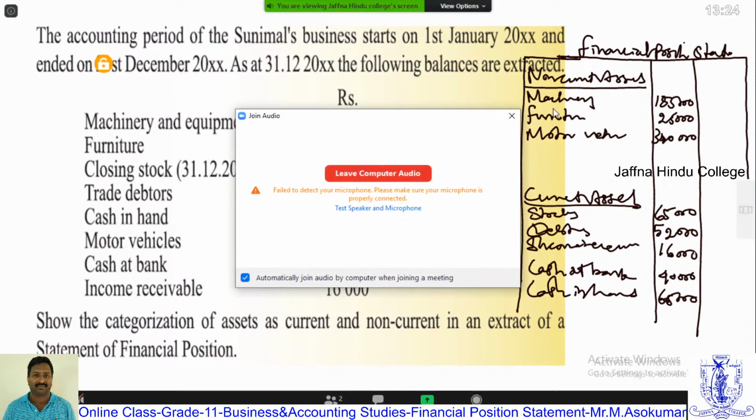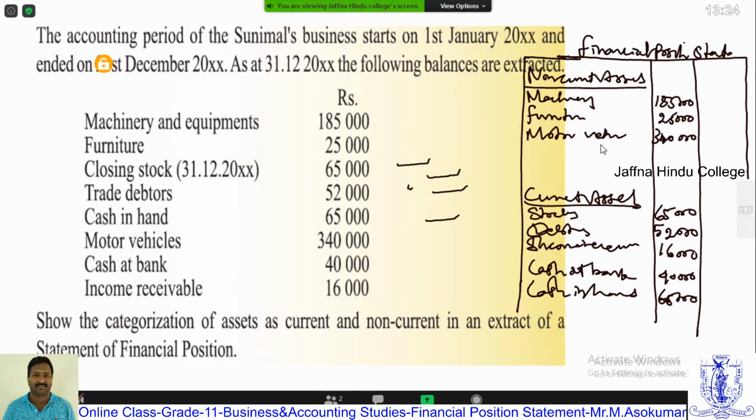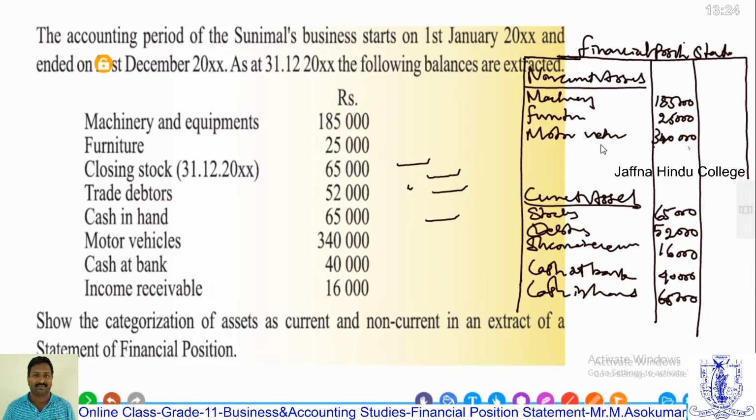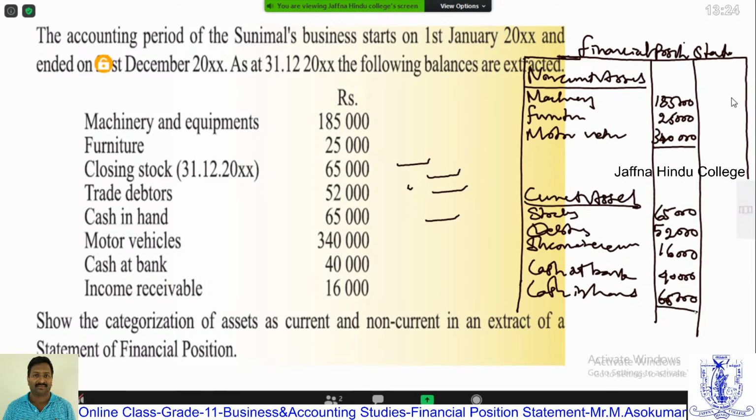In the financial position statement, at the top are non-current assets and current assets. Then total both headings.